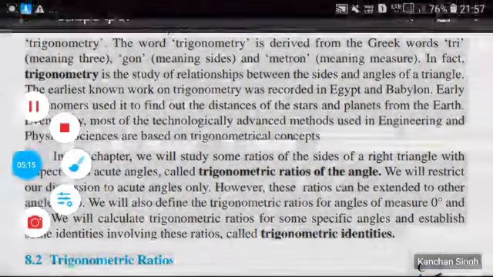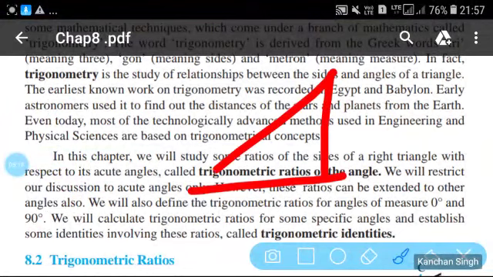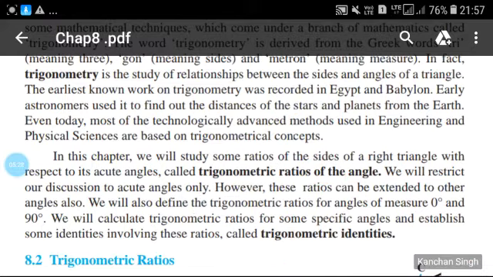Suppose we are drawing a right angle triangle, so one angle is 90 degrees. Here we will study some ratios of the sides of a right triangle with respect to its acute angles, called trigonometric ratios of the angle.